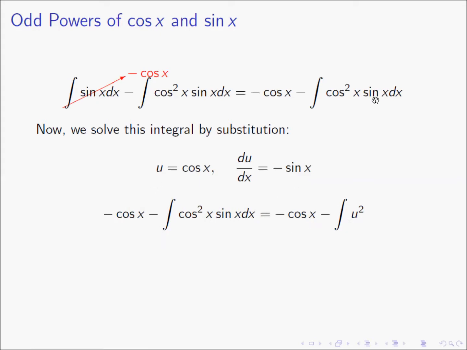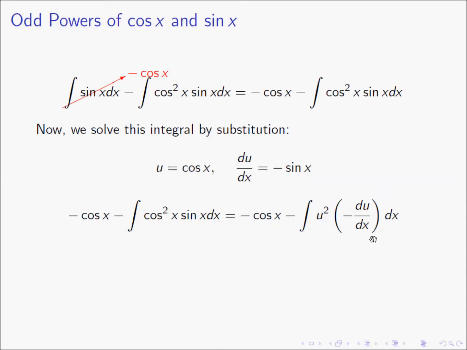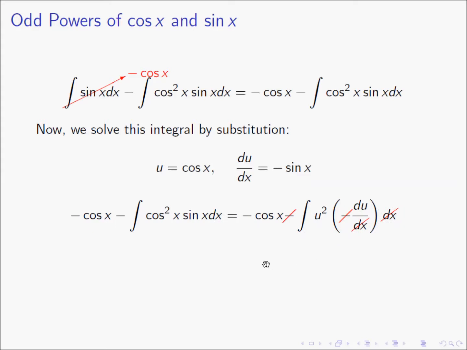Here we have sine of x, and sine of x will equal minus du dx times dx. We can cancel the dx, and here we have a minus outside the integral sign. Here we have another minus sign, so these two cancel, and this integral becomes positive.